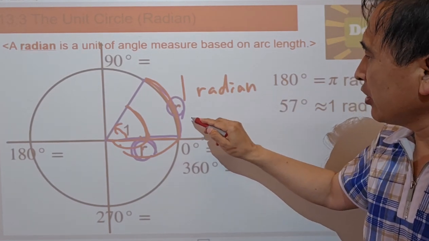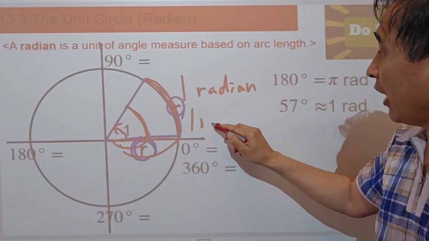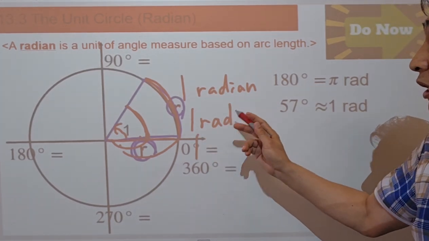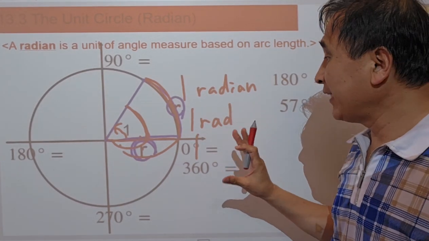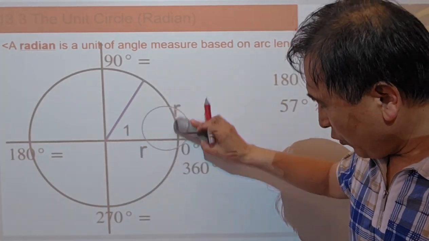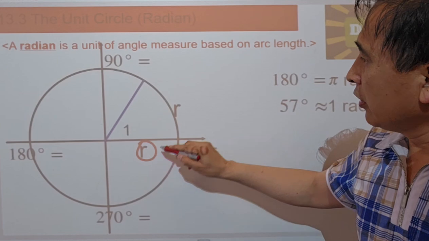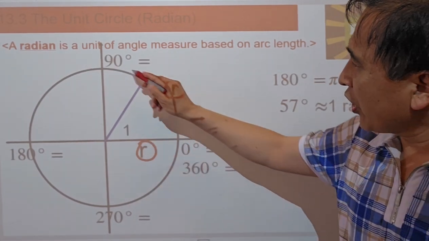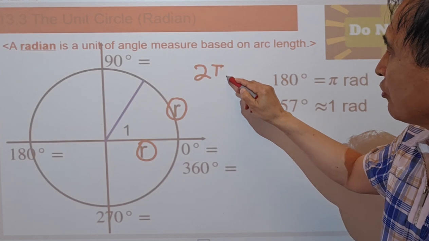You can write 1 rad, or just 1 without a degree sign, which expresses an angle, and that's a radian. Because when the arc length is the same as r, this is 1 radian, the full circle has circumference 2 pi r, right?